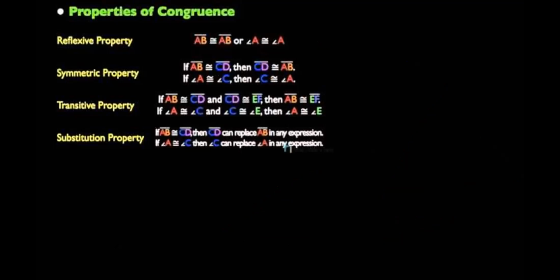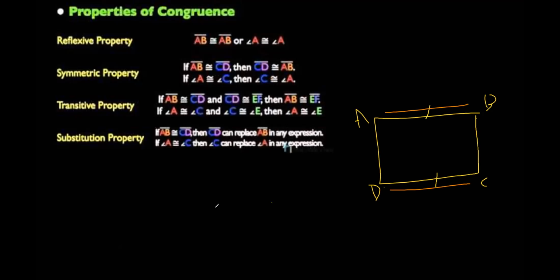Okay, teacher, the symmetric property. If you have A, B, C, and D, and AB is congruent to CD, that means CD is congruent to AB. How did you know that?